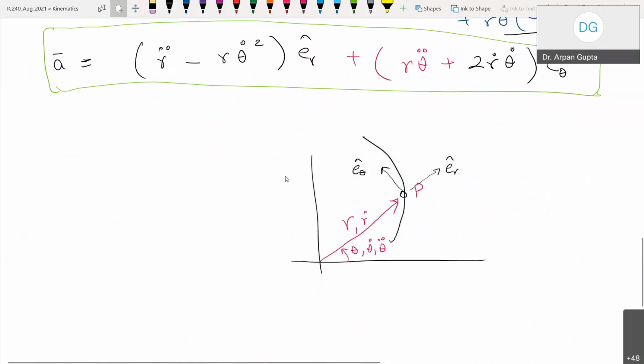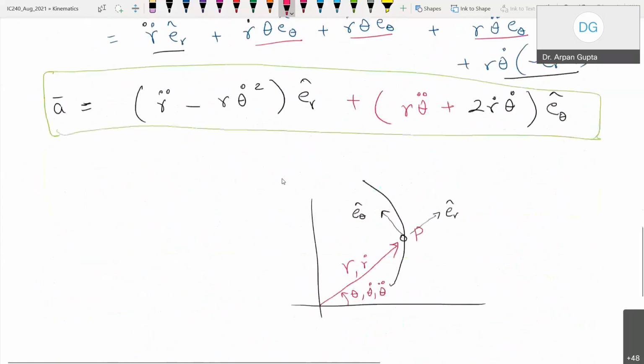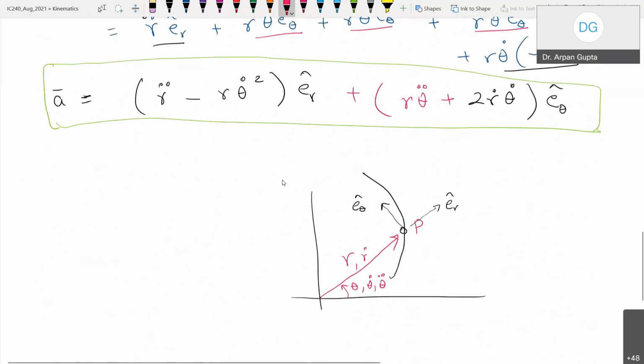Okay, so now here r double dot is the acceleration of the particle which is radially moving outward, right? So if the particle has got a radial motion outward, that is your r double dot term. Now this is minus r theta dot square.